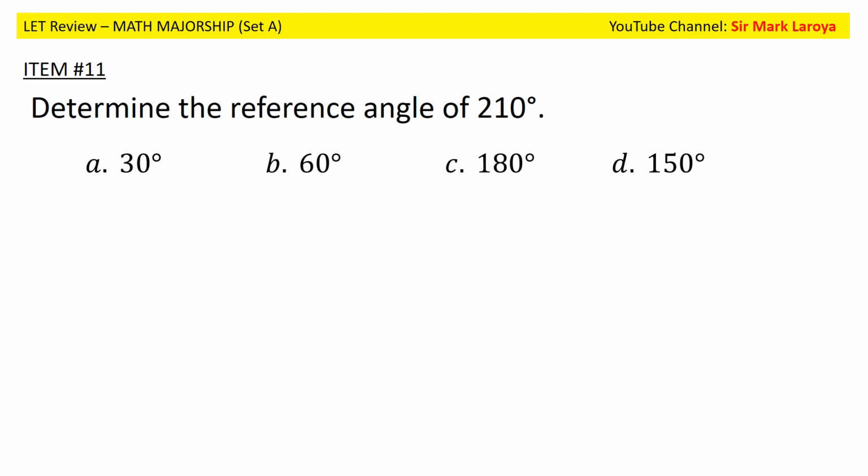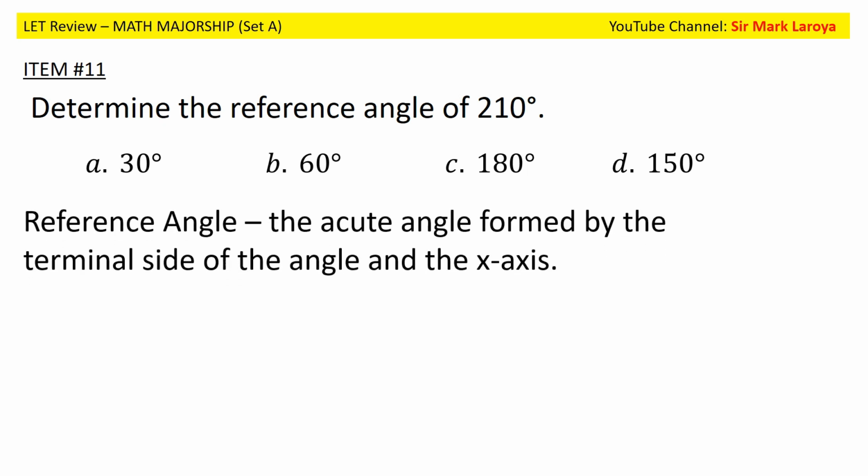So when we say reference angle, the definition of reference angle is, it is the acute angle formed by the terminal side of the angle and the x-axis. So based on the definition, it is an acute angle formed by the terminal side of the angle and x-axis. So this is our angle that forms 210 degrees.